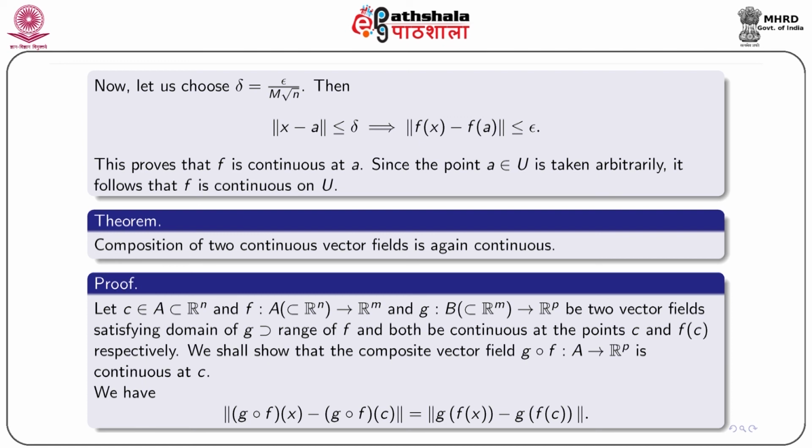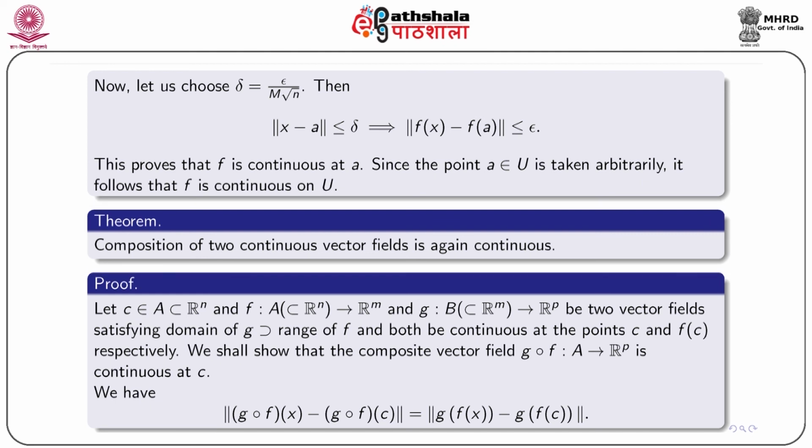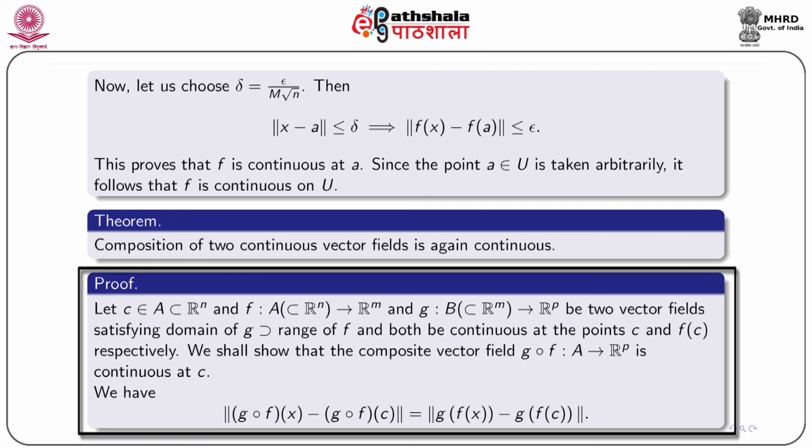Next result. Composition of two continuous vector fields is again continuous. We give the proof. Let c be a point in a set A where A is a subset of Rn and F is a vector field from A to Rm and G is a vector field from B to Rp, such that domain of G contains range of F. Moreover, F and G are continuous at the points c and F(c) respectively.